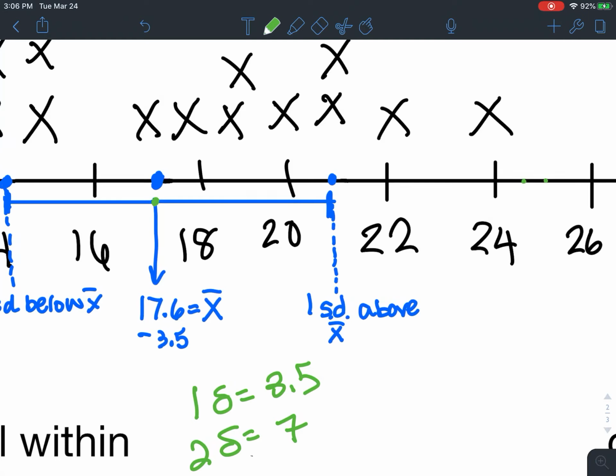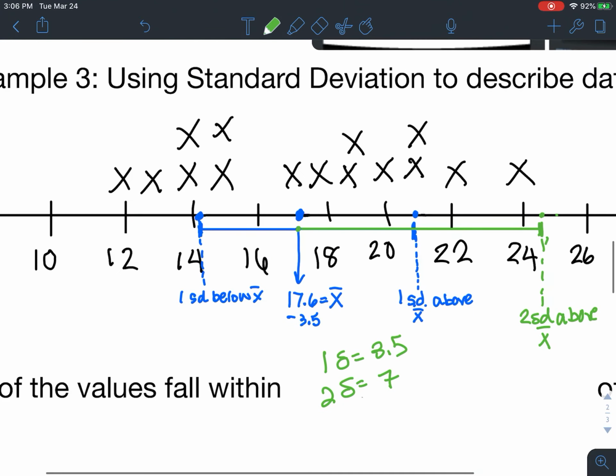No, that would be 25.6. That's 25, so here, there we go. So I'm going to drag this line out here. Actually, I'll even put another little line on there. There we go. And this is 2 standard deviations above the mean.